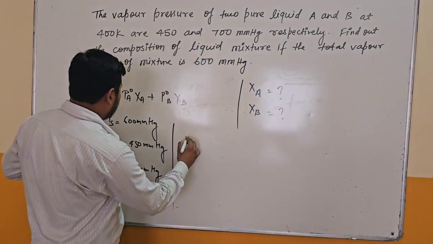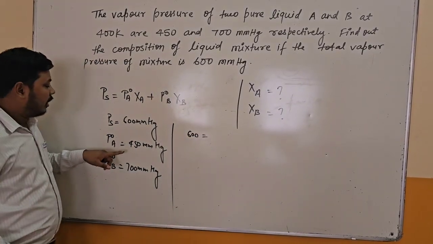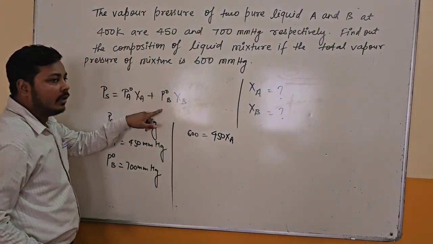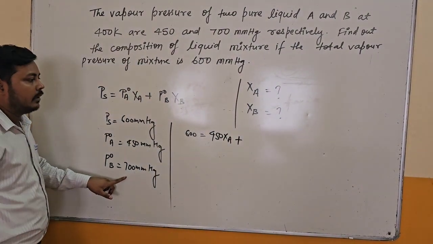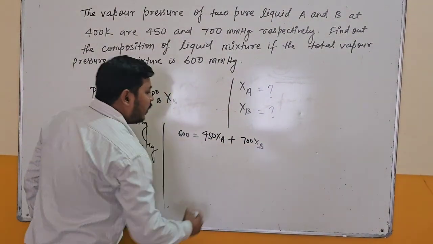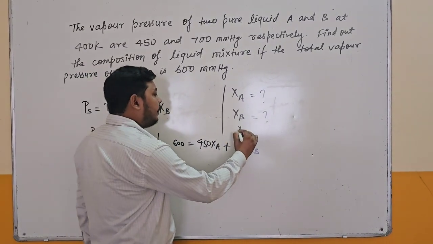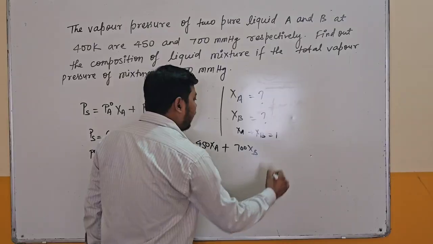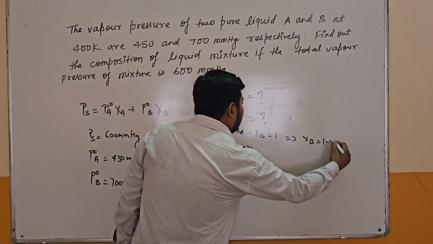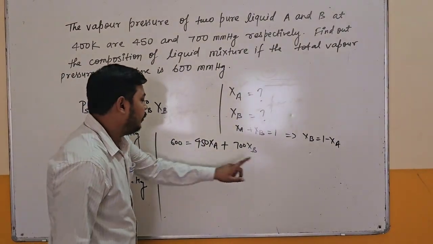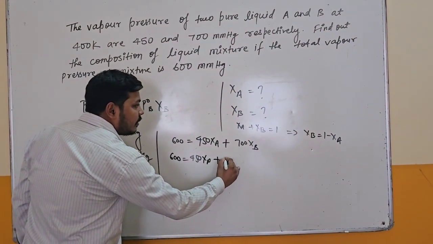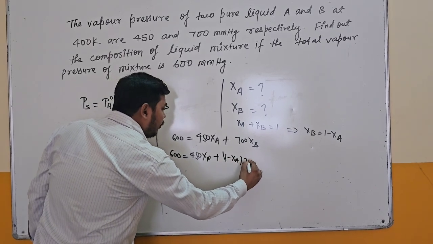The vapor pressure of solution is given, 600 is equal to 450 into mole fraction of A plus 700 into mole fraction of B. But we know that the mole fraction of A plus mole fraction of B is equal to 1, so the mole fraction of B is equal to 1 minus mole fraction of A. Putting this value in the equation, 600 is equal to 450 into XA plus 1 minus XA into 700.